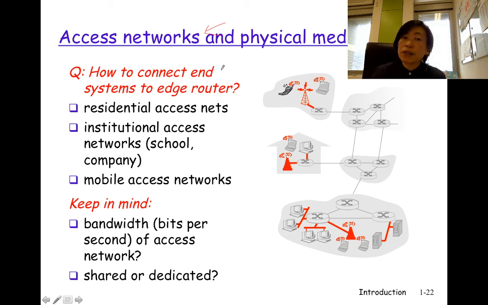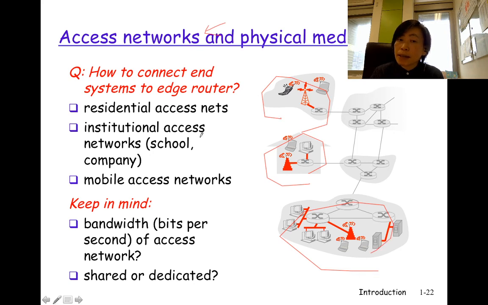So the question here is, how do you connect the end system to the edge routers? You heard earlier that there are different communication links. And in fact, for different subnets or different local area networks, they might be accessing the internet through these access nets using different communication links. So residential access nets, so residential here is here, okay.